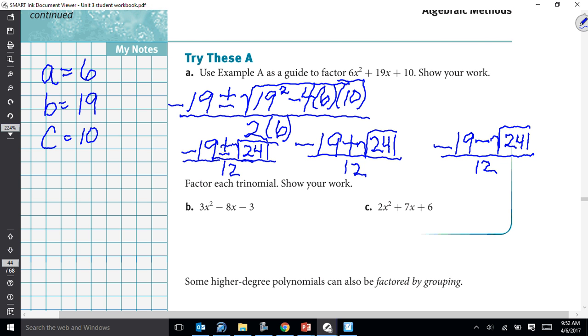Alright, so I got negative 19, negative 2.88 for that one. Negative 0.29.